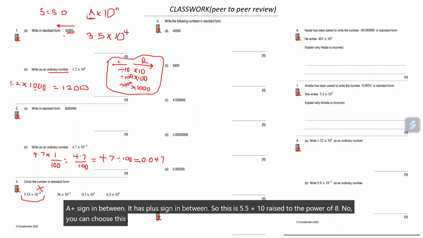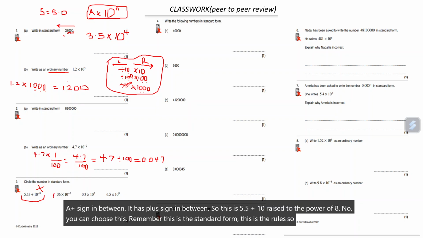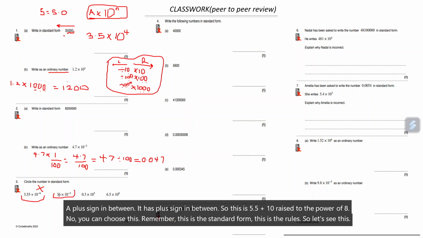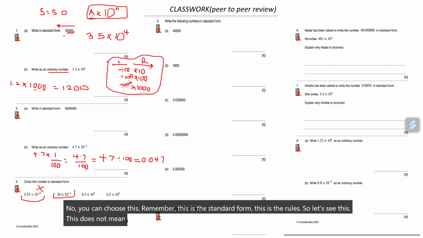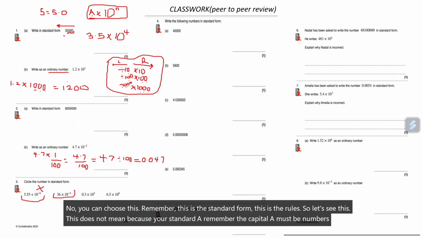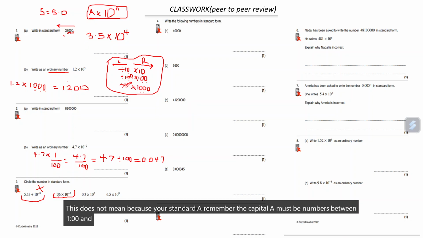Remember the rules of standard form. This one does not meet it because your capital A must be a number between 1 and 10, and 36 is greater than 10.